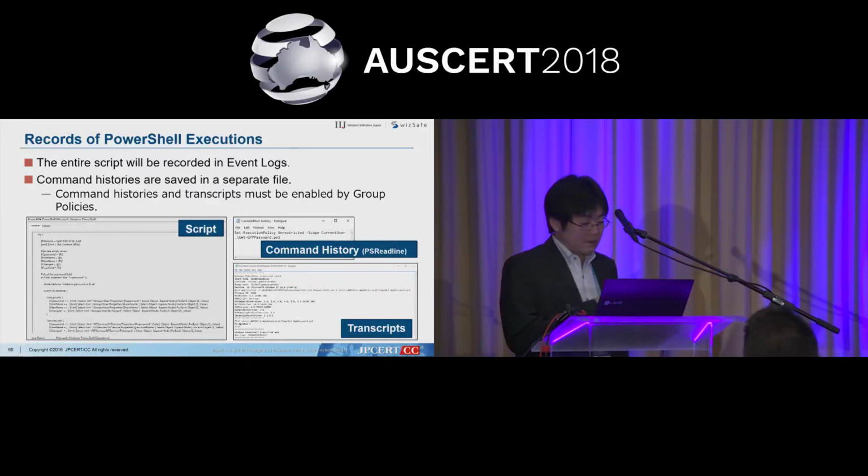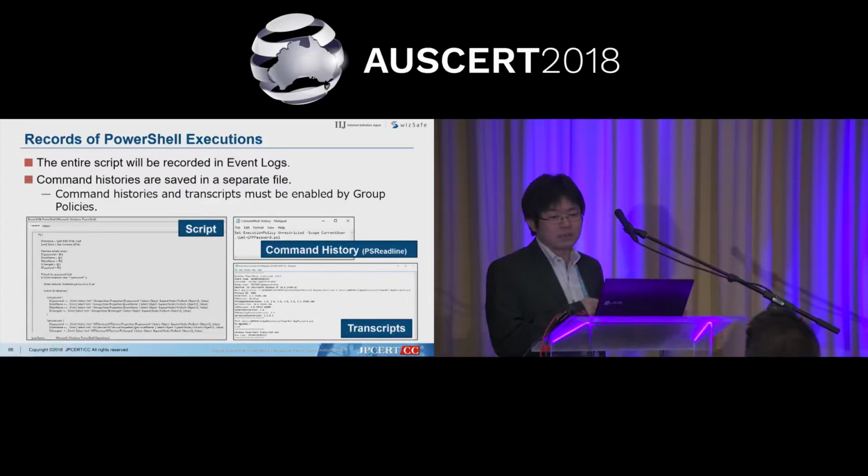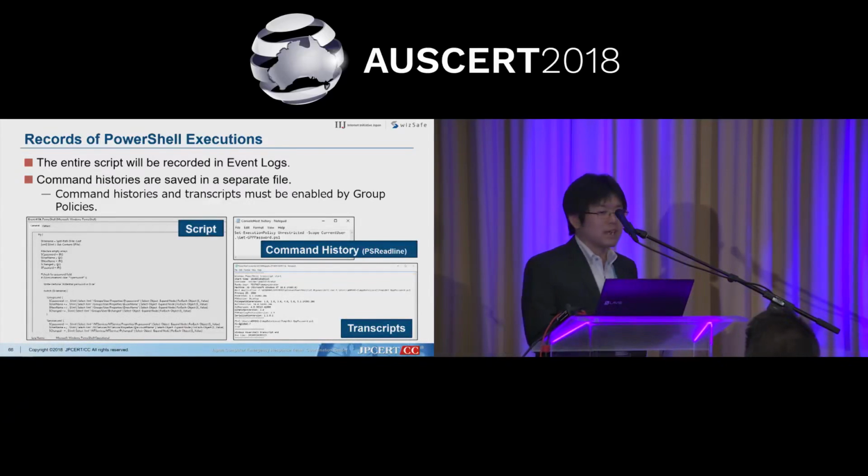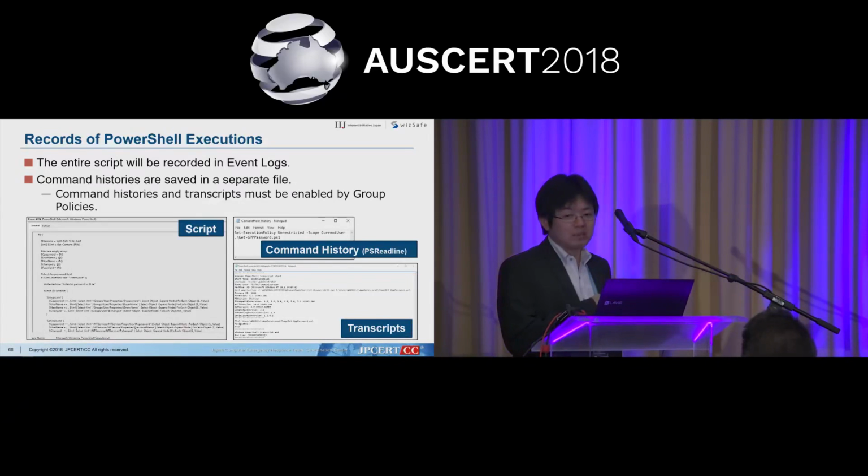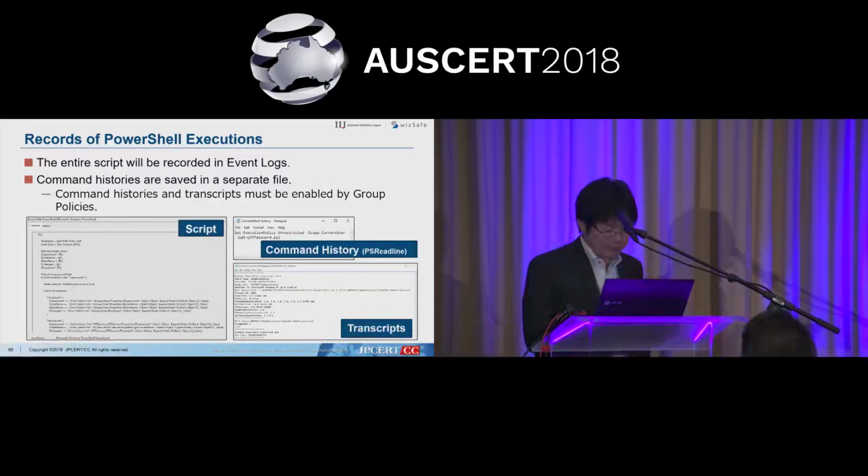If you enable the command history, there are two types of text log for PowerShell: one is the command history, that's the list of the commands executed on PowerShell, and the other is a transcript, which is the command and output on the terminal.